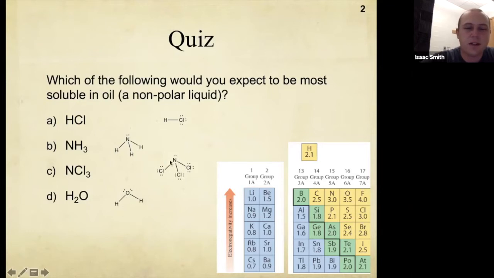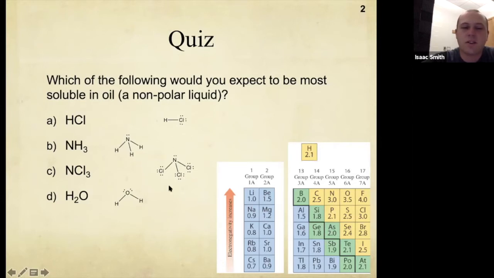It's very polar. The nitrogen-chlorine bond, you can tell nitrogen and chlorine have the same electronegativity, so these are non-polar bonds between the nitrogen and the chlorine. Overall, I would say this molecule still has some polarity to it because there is a lone pair. But basically, this has the most non-polar bonds in it, right? All these have very polar bonds.